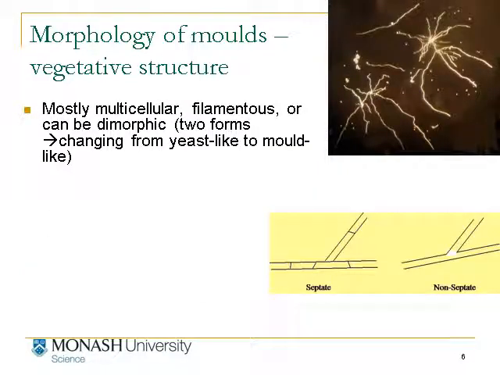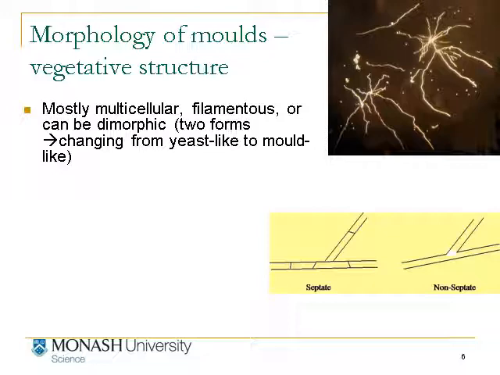Let's look at the morphology in the vegetative structure. A lot of them are multicellular when we are talking about fungi. They are filamentous or can be dimorphic, meaning there are two forms of growth in the life cycle.